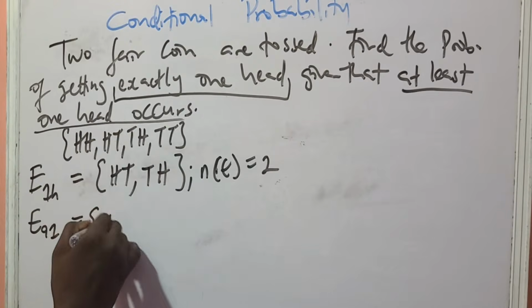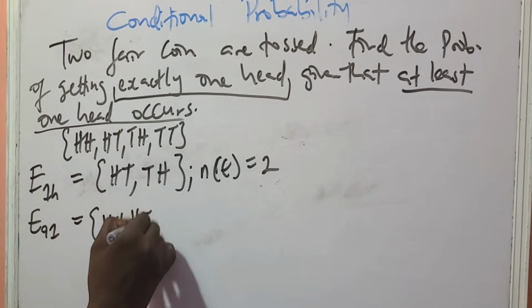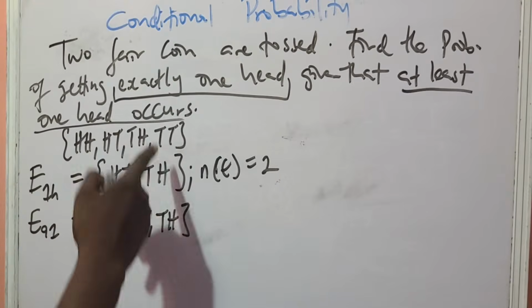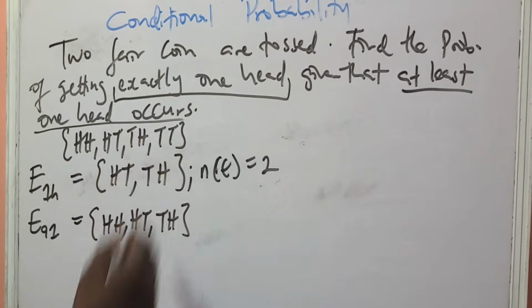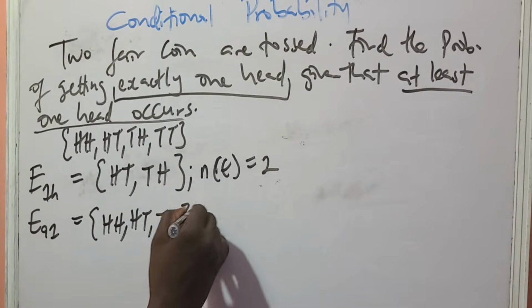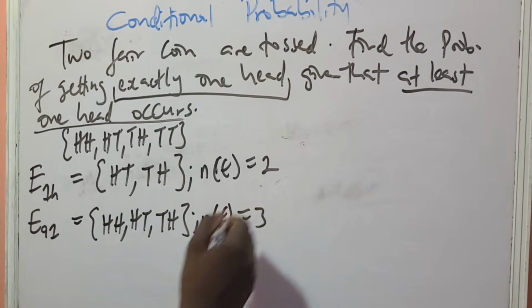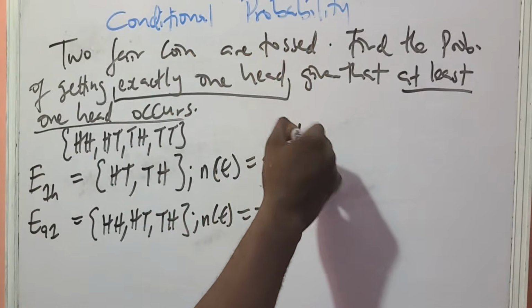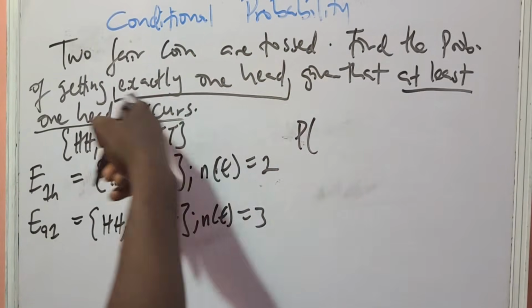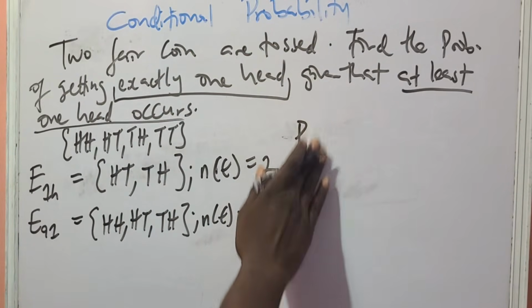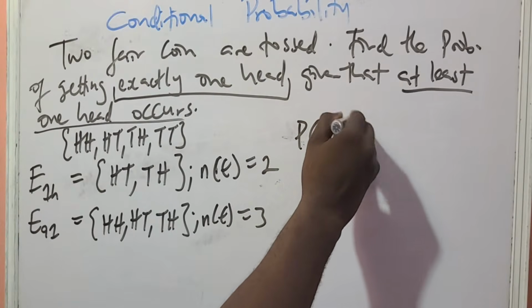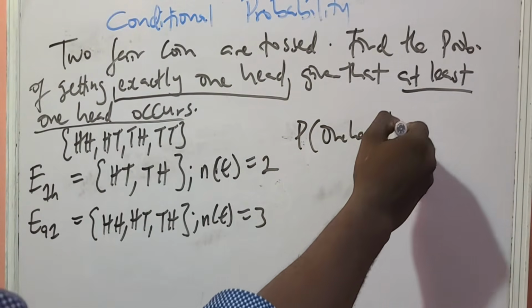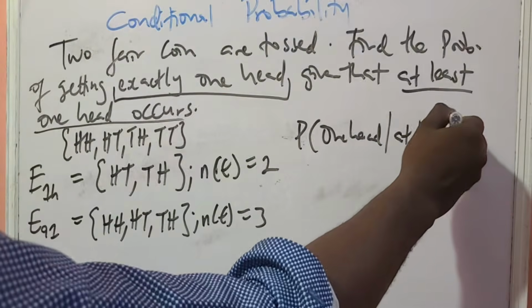Of course, we are okay with HH because that's part of at least one head. HT, TH, and that's all. TT is the only exemption because we don't have at least one head there. What's the number of elements for this particular event? We have 3. Good. Looking at this question, probability of getting exactly one head, given at least one head.